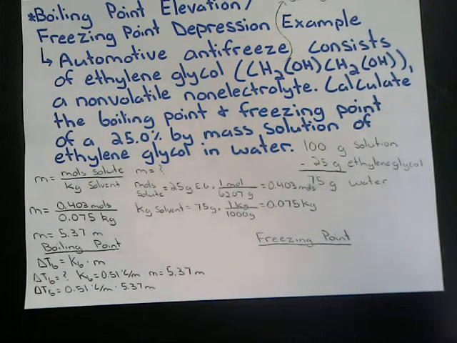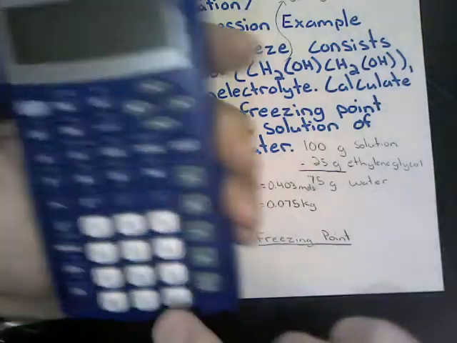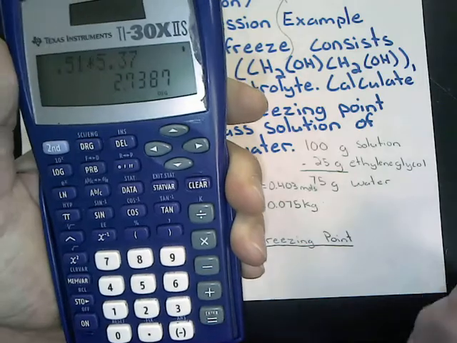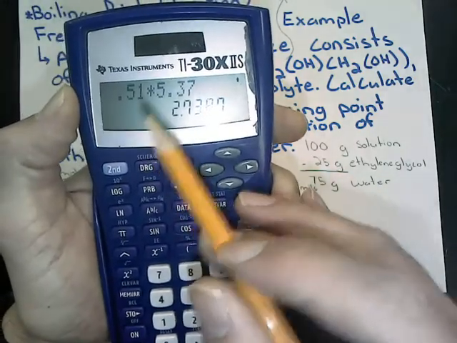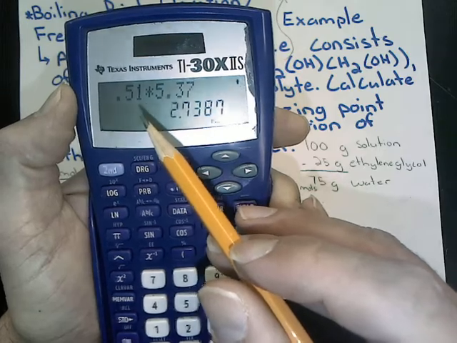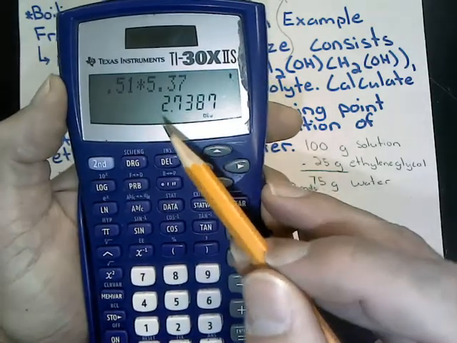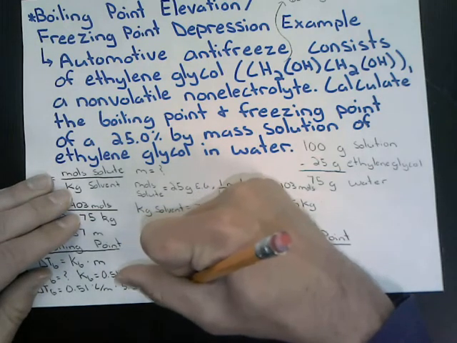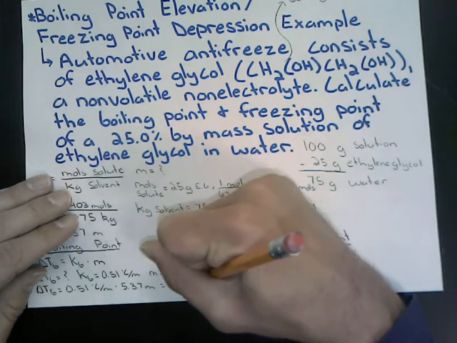So we go ahead, we calculate that, so we put 0.51 times 5.37. And because our constant here was given at 0.51, we're going to round to 2 significant digits, so this rounds to 2.7.